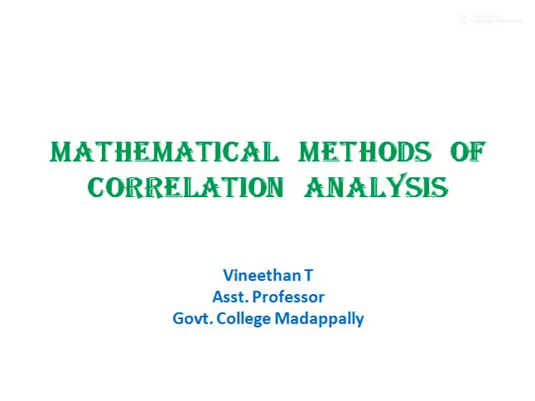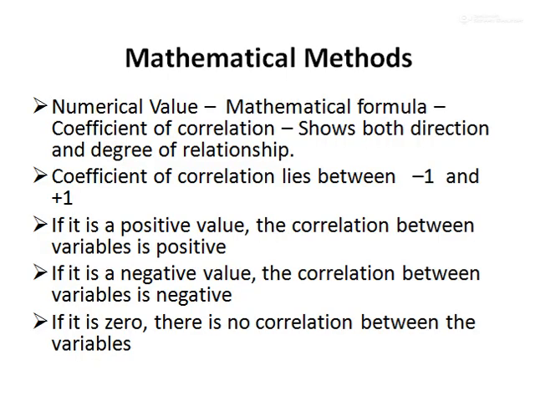Dear students, today we are going to discuss mathematical methods of correlation analysis. Under mathematical methods, correlation analysis is done by computing a numerical value, and this value is computed by using an appropriate formula.